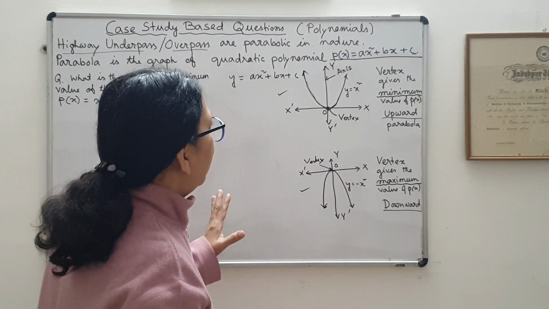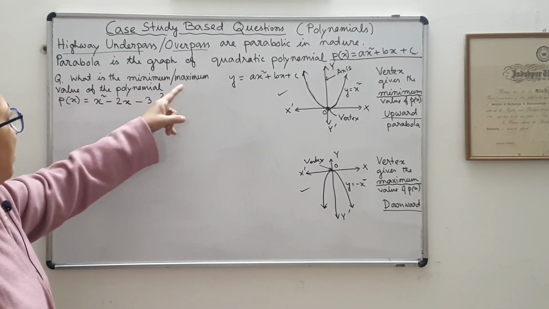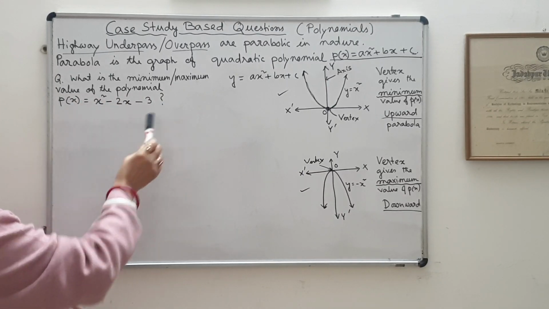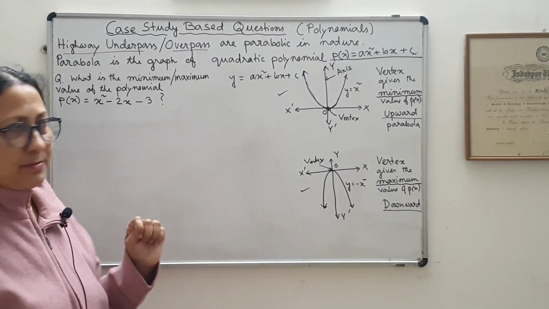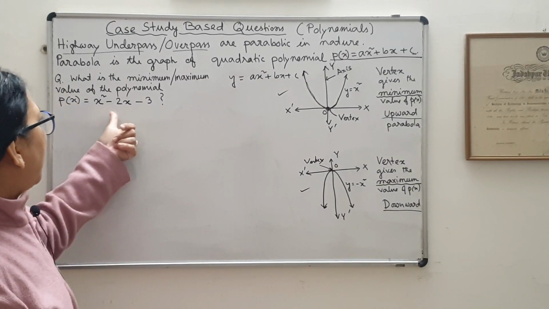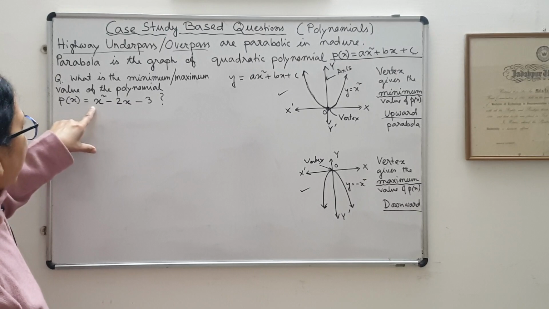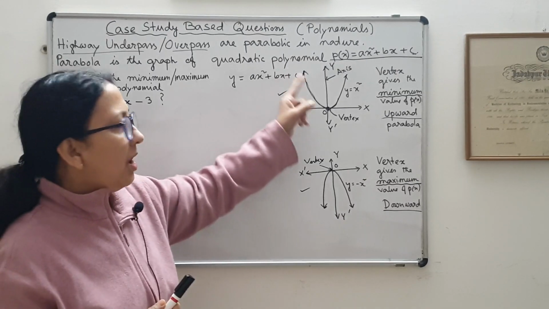Okay. Now a question is given on the basis of that. What is the minimum or maximum value of this polynomial? So first of all you have to know whether it will be a minimum value or a maximum value. That is our first step, to determine whether the curve will be an upward or downward parabola. But as we look at the sign, x squared is positive, so I think it will be an upward parabola.